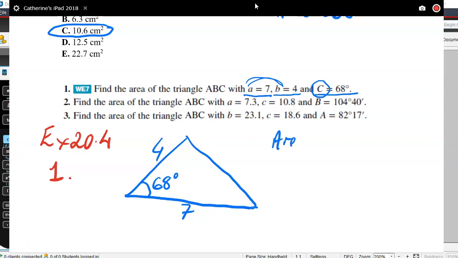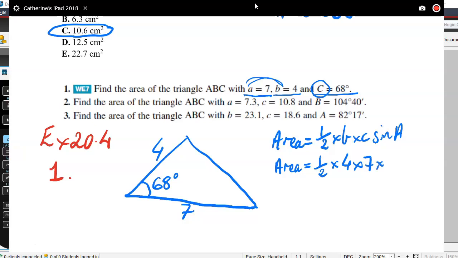So area equals half times b times c times by sine A. That's just the general formula, and then we can put in our knowns and unknowns. Times by 4 times by 7 times by sine 68 degrees.